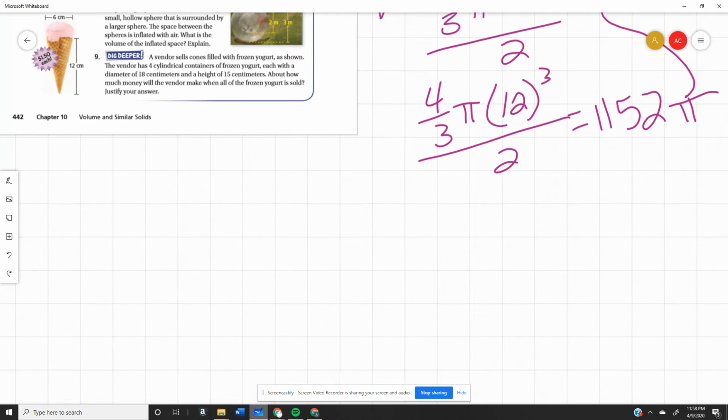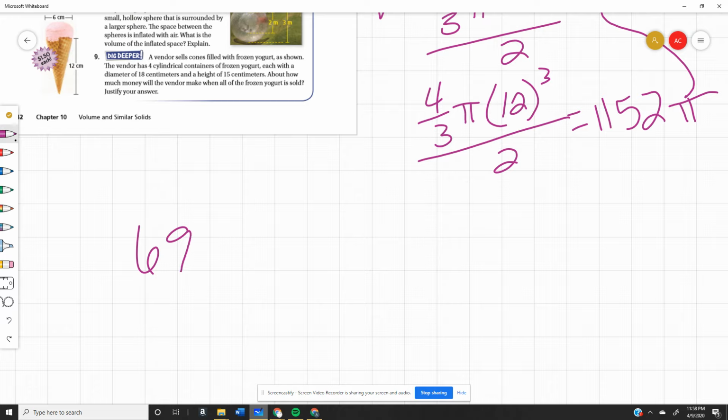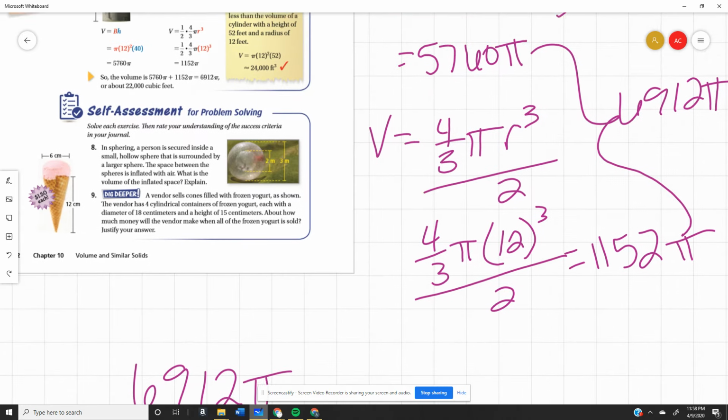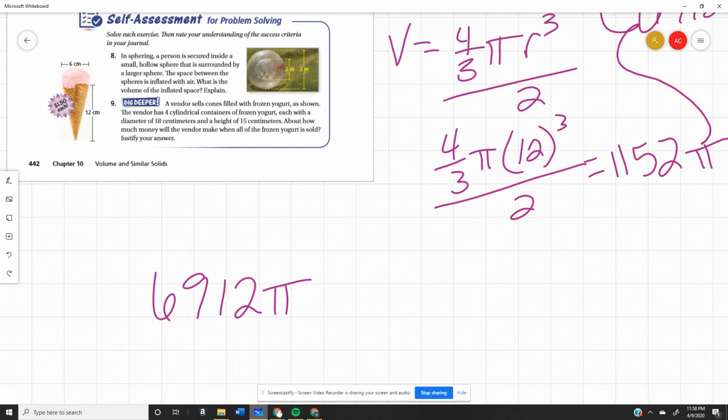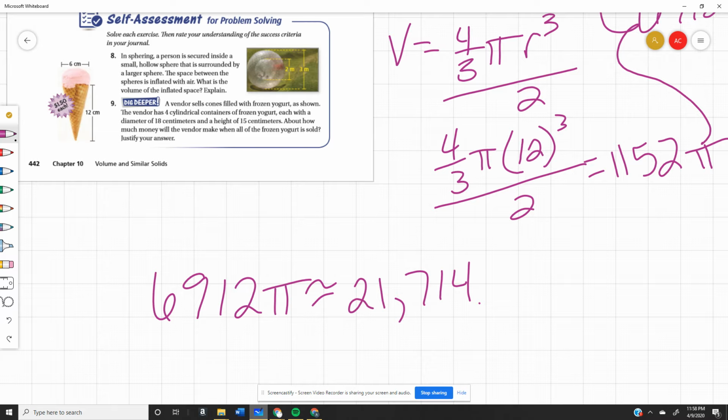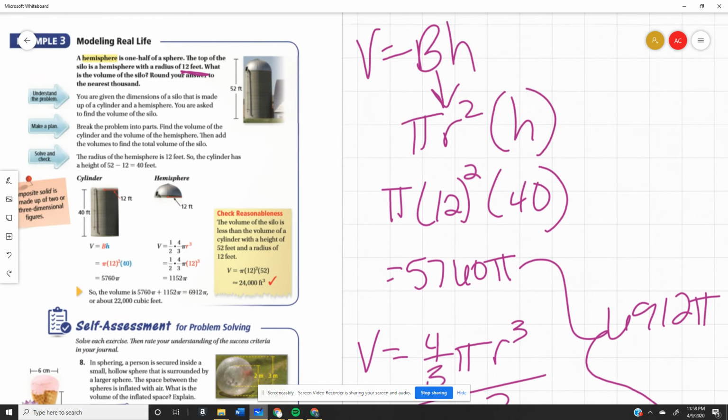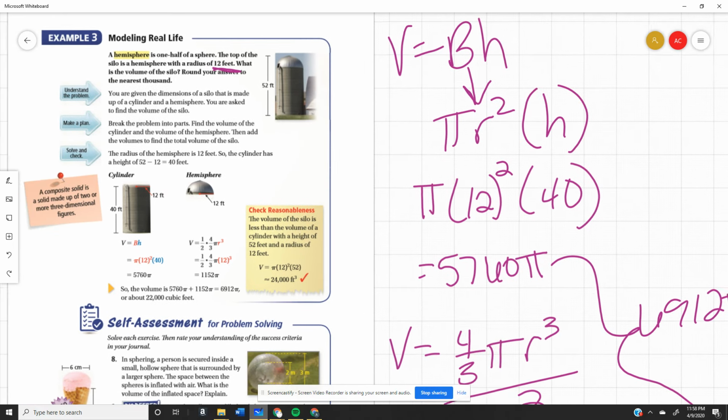So 6,912 pi. Now I'm going to take it out of pi. If you look back up here, that's what they got. So now I'm going to multiply that 6,912 times pi, and I get 21,714.7. Now let's go back up and look, because it wants us to round our answer to the nearest thousand.